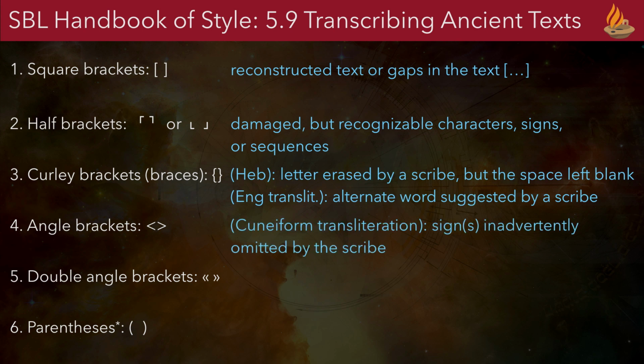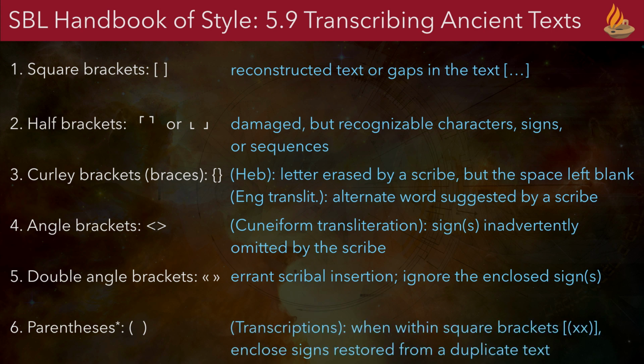Angle brackets in cuneiform transliteration indicate signs inadvertently omitted by a scribe. Double angle brackets are to be used to indicate errant scribal insertion. Ignore the enclosed signs. And parentheses, for transcriptions when within square brackets, enclose signs restored from a duplicate text.